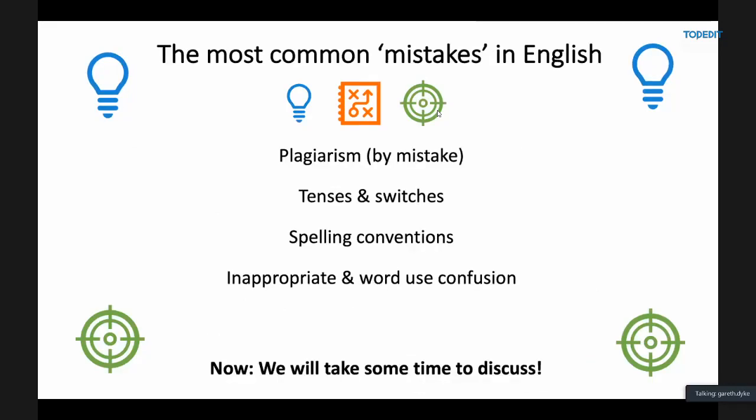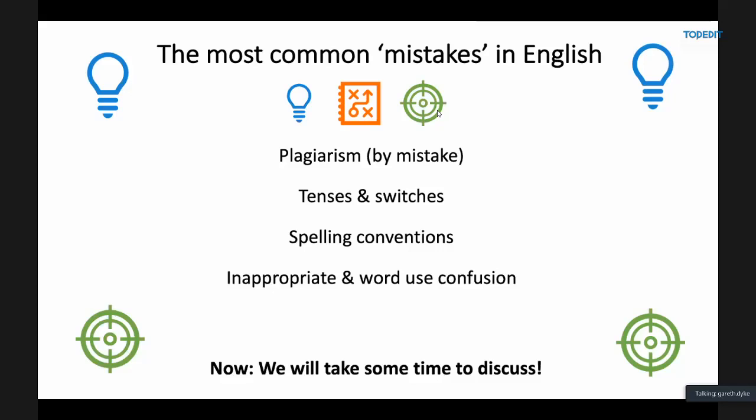So let's move on and start to talk about some of the most common mistakes that people make in English. We've talked so far in this presentation about how to communicate, how to write, and some ideas for you about how to be more effective in your English writing as a communicator.